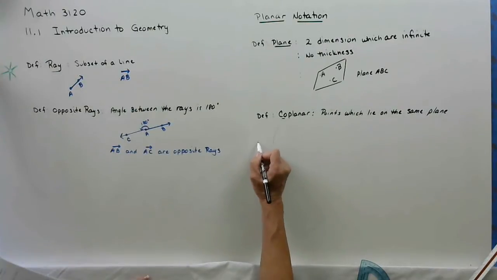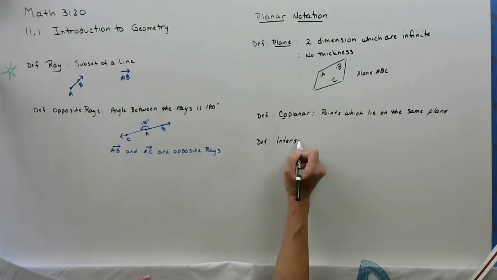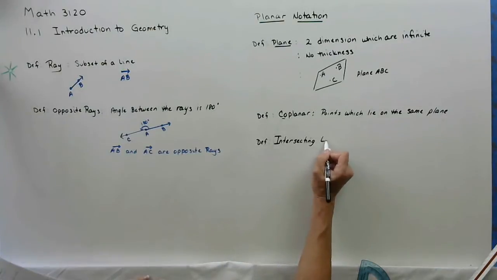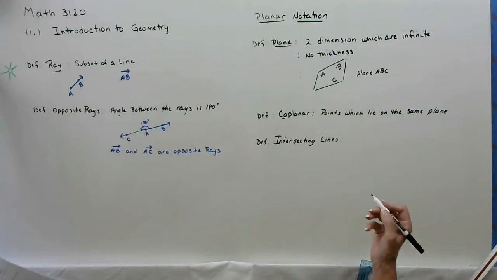Okay, and let's then go back and take a look at lines. So we're just looking at vocab. Intersecting lines, because now we can put these in terms of a plane. Intersecting lines have exactly one point in common, and they have to be on the same plane, okay?